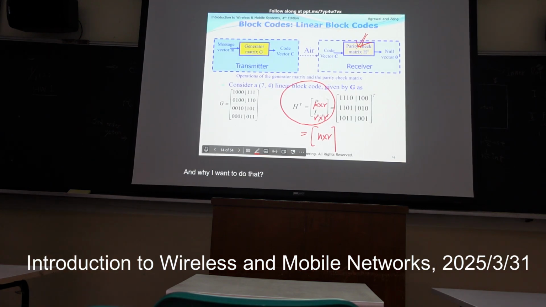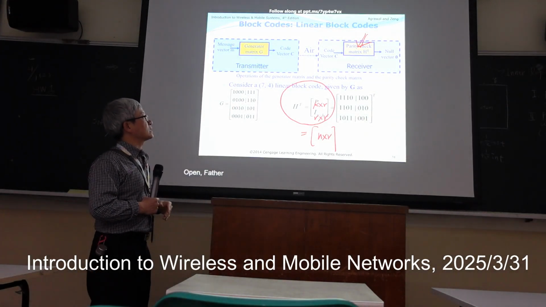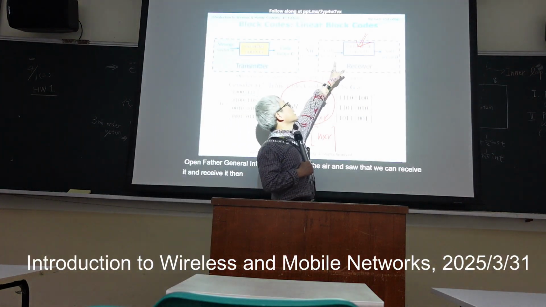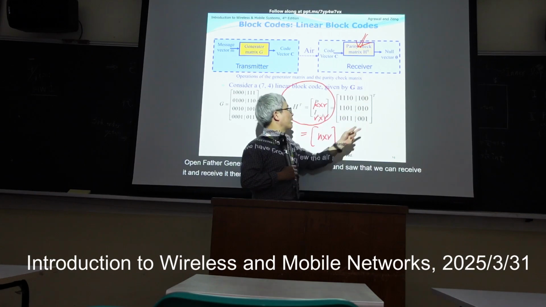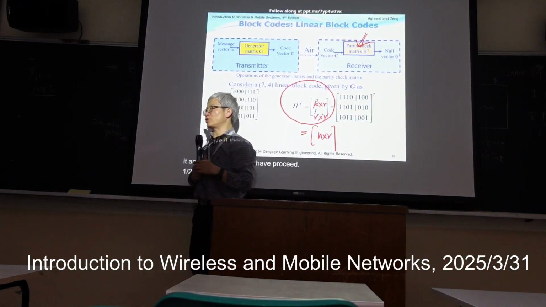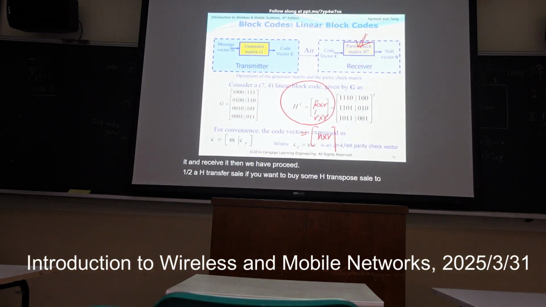We can have the generator matrix G through the air, and so that we can receive it. And once received, we have a C. And C right now, we have H transpose there. And we want to multiply by H transpose for further manipulation to check.